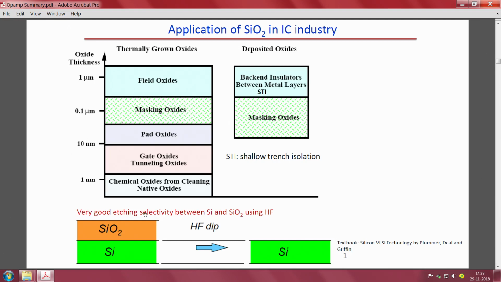If I use HF, hydrofluoric acid or buffered hydrofluoric acid, and dip this wafer in hydrofluoric acid, I will etch my silicon dioxide and I will end up with my silicon, because HF will not etch silicon, it will only etch silicon dioxide, or you can say there is a good etching selectivity between Si and SiO2.